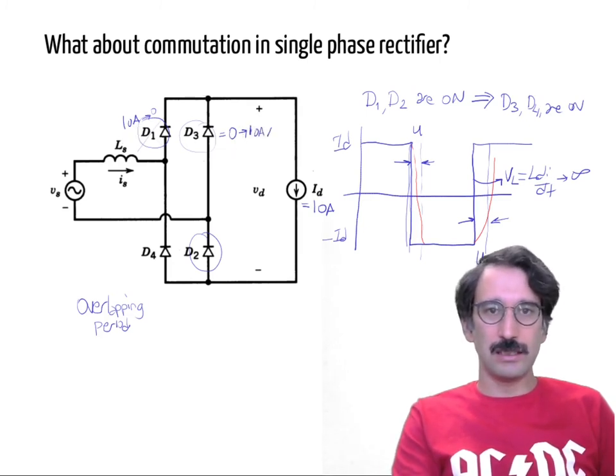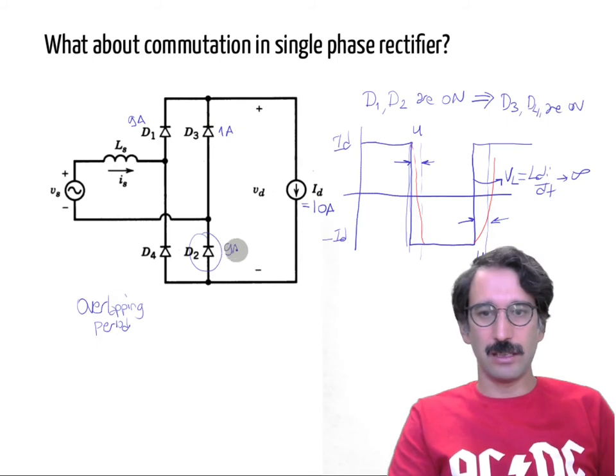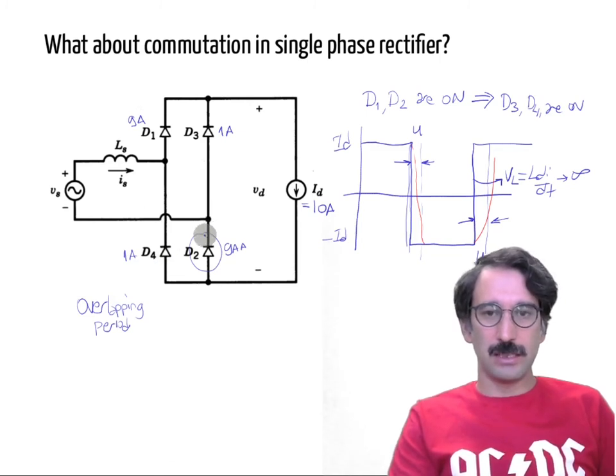So during that time, for some particular amount of time, that will carry 9 amp, and that will carry 1 amp. Basically you can say that the loop is still getting 10 amp.